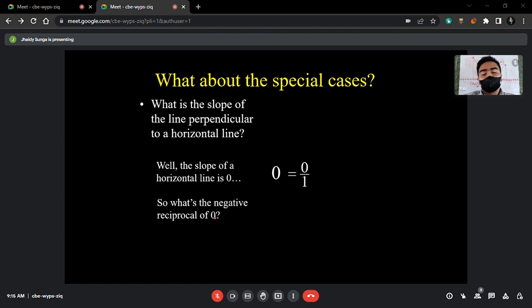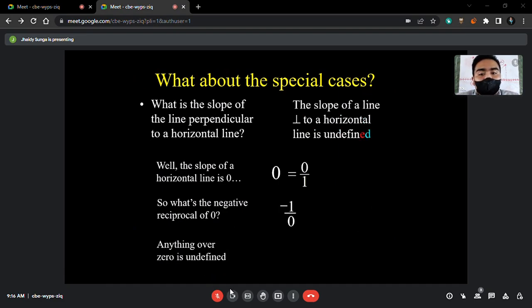If you're going to have the negative reciprocal, you will be having negative 1 over 0. And in that case, if you saw that 0 is at your denominator, we could say that anything over 0 is undefined. So, the slope of the line perpendicular to our horizontal line is undefined.